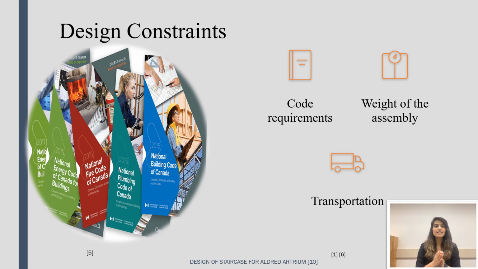Additionally, the weight of the assembly also plays a crucial role during earthquakes. If a structure were to fail during an earthquake, or if the structure were to get damaged during installation and fall, the structural weight shouldn't be so high that it would damage the things underneath it to a very high extent.